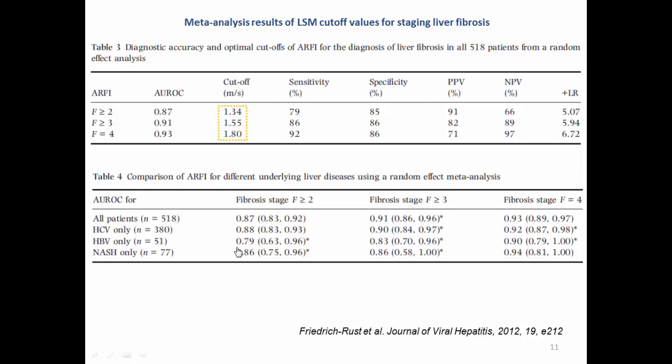Bailey has performed a meta-analysis using ARFI technology, and he found that he can define some cutoff values to differentiate the normal liver from different degrees of liver fibrosis. The performance of these cutoff values, as shown by the AUROC, looks quite good, regardless of the cause of the liver disease.